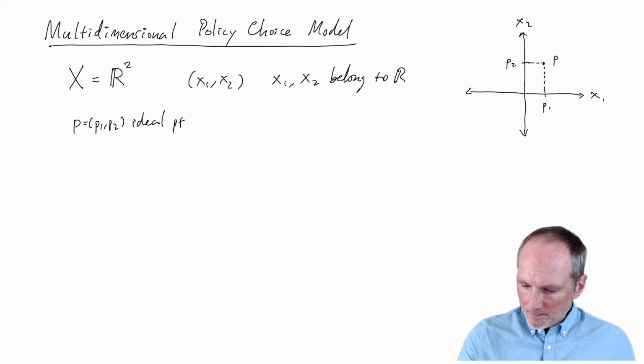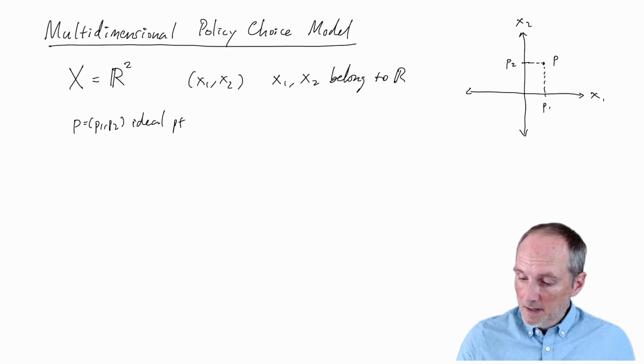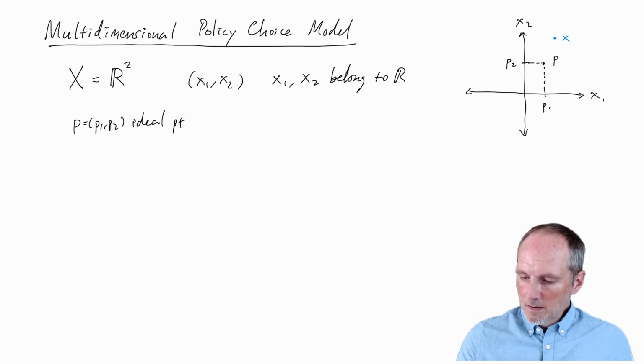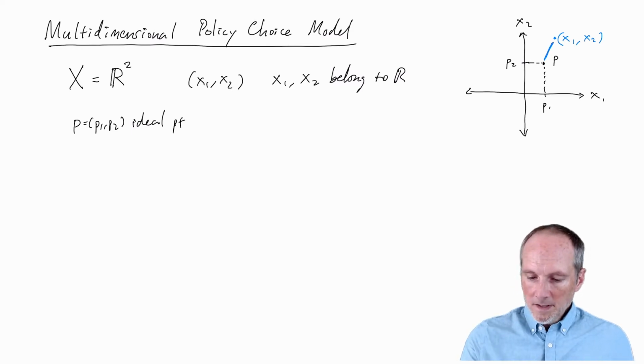Well, we need to talk about how to measure distance on the Cartesian plane. Suppose I have a policy, let's say x. Well, it's a pair, so let's call it x1, x2. How far is that from the ideal point? Well, the measure of distance that we're going to use is the standard one. Let me just write this out.